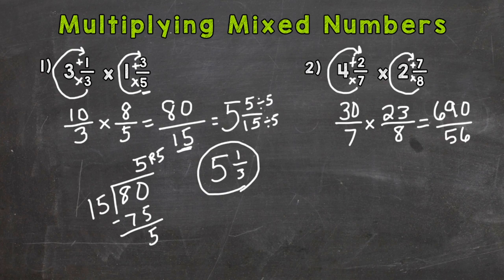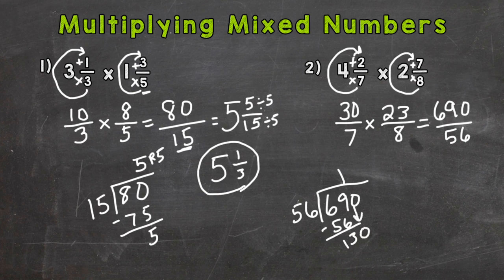So we need to do 690 divided by 56. So I'll come over here to the bottom, my workspace, 690 divided by 56. Well, I know that one whole group of 56 can be pulled from 69 here, and I just go through my process. Two whole groups of 56 can be pulled from 130.